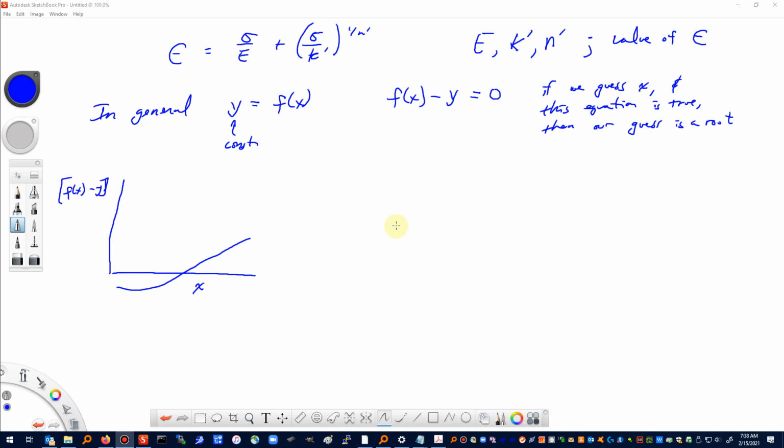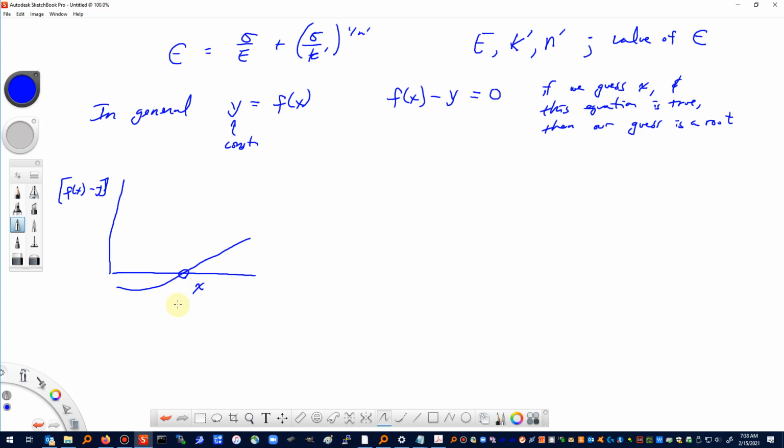On the vertical axis is the whole left-hand side, the f of x minus y, and on the horizontal axis is my value of x. So the place where f of x minus y is equal to 0, right here, corresponds to that particular value of x being the root.